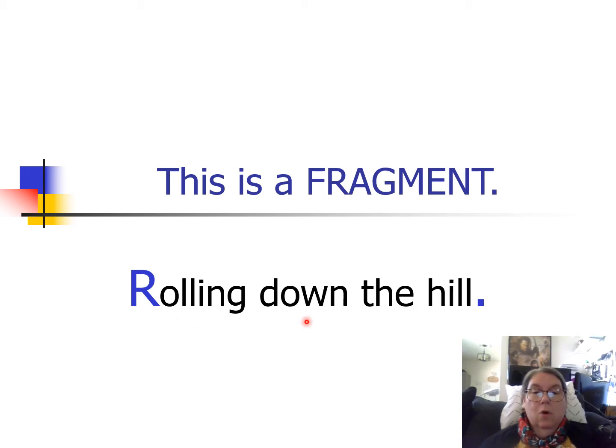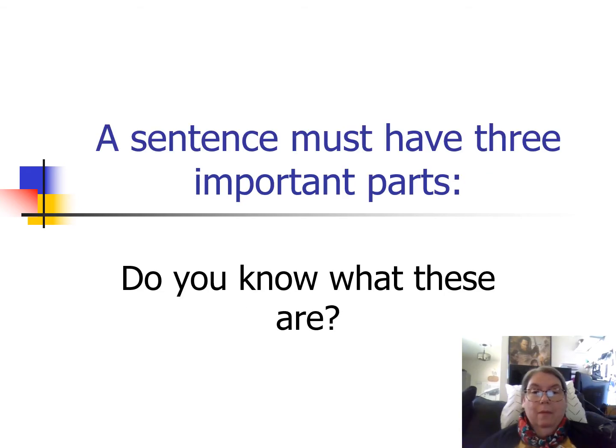If you look at this, "rolling down the hill," if I just saw that in a text, I wouldn't quite know what was going on, or who or what's rolling down the hill, or when it is happening. So this is what we call a fragment, or incomplete sentence.